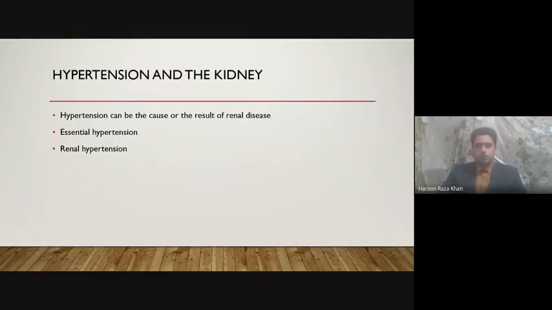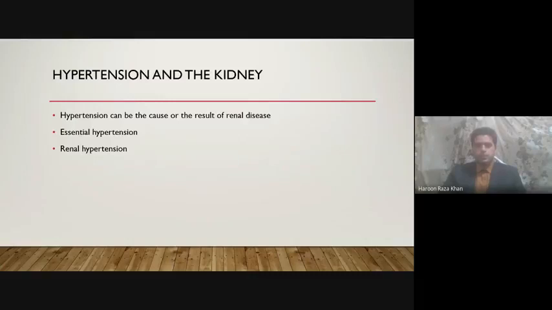First of all, I would like to talk briefly about what is essential hypertension, which is our first topic. Essential hypertension leads to characteristic histological changes in the renal vessels and the intrarenal vasculature over time.